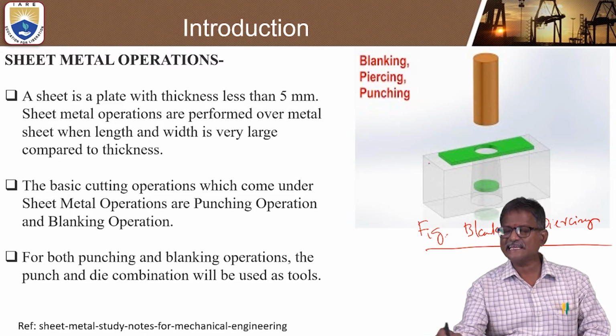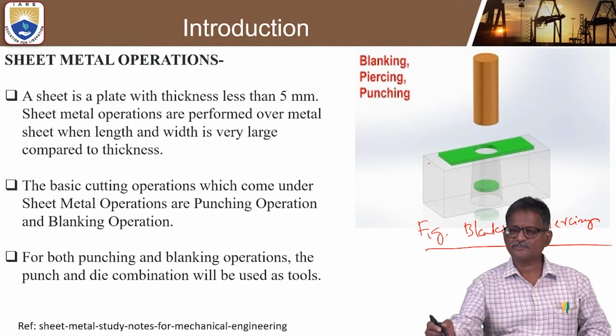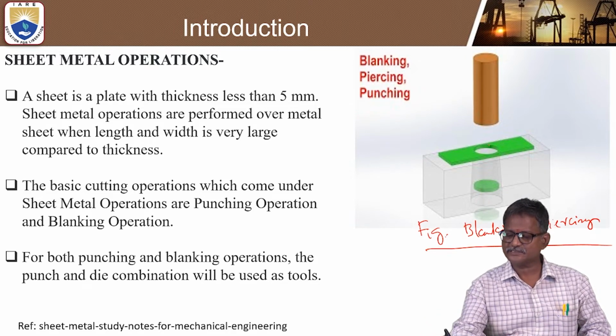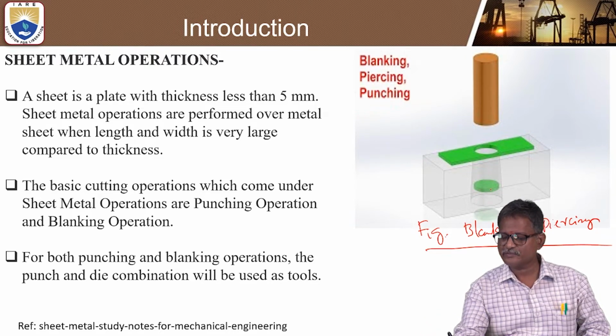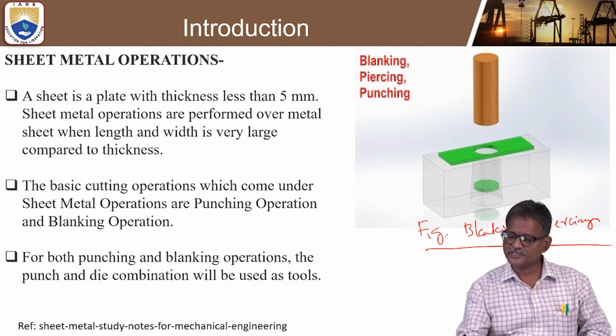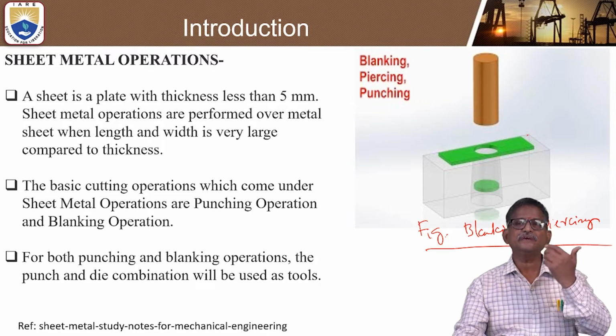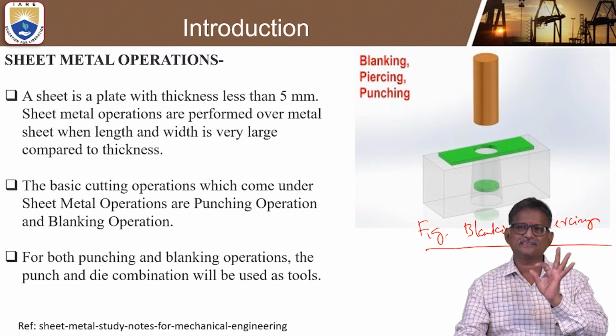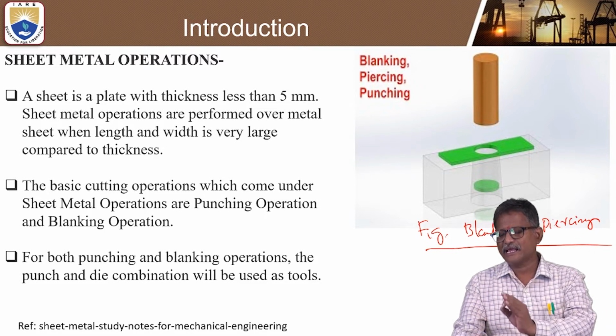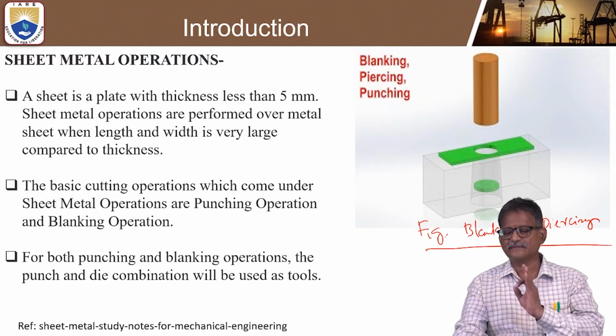You can see the green metal stock, and there will be a punch. You apply that punch, and the hollow portion will come down here. This punched out part, we call it a blank. Making a hollow portion is punching or piercing. This is the clarification of blanking and piercing.